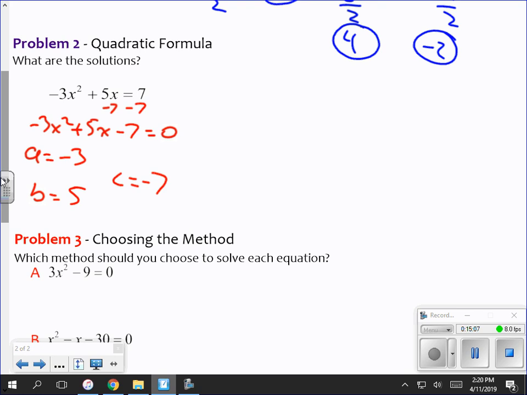A is how many x squareds I have. I have -3x squared. B is how many x's. I've got 5 x's. C is -7 because that's the constant on its own. Okay. Plug them into the formula, write it down on your paper. Plug the A, B, and C into the formula. Just plug it in. Don't do any simplifying. Plug it in. Write it down.